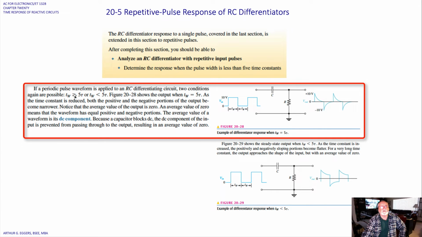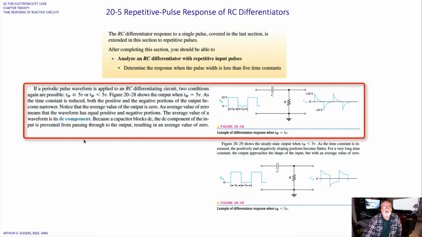The pulse width will be greater than or equal to 5 time constants, or the pulse width will be less than 5 time constants. So if we look at the figure, it shows the output when the pulse width is 5 time constants. As the time constant is reduced, both the positive and negative portions of the output become narrower.